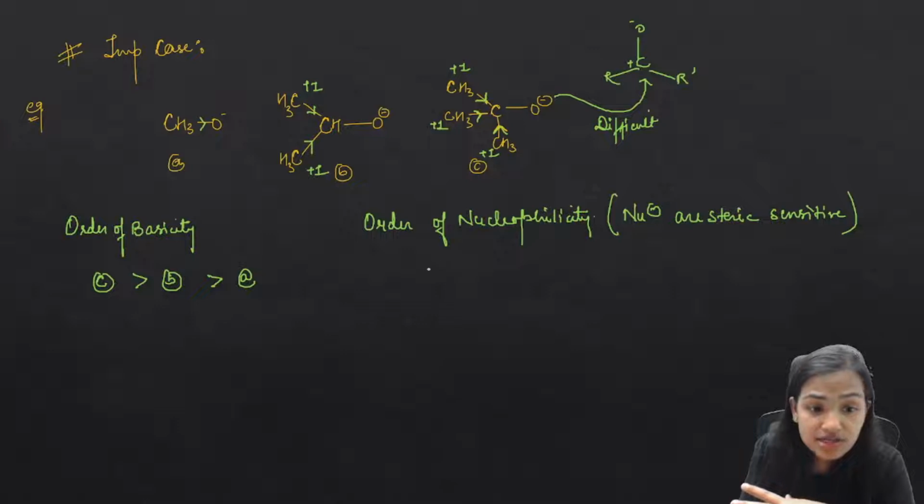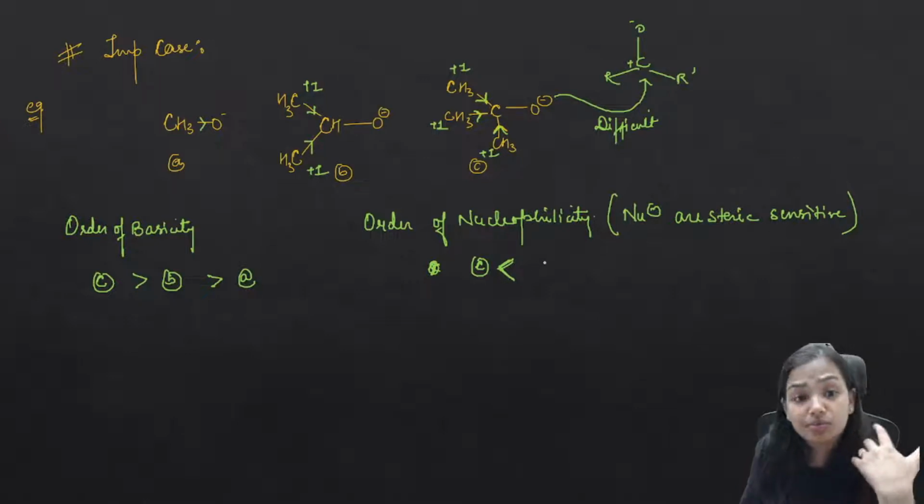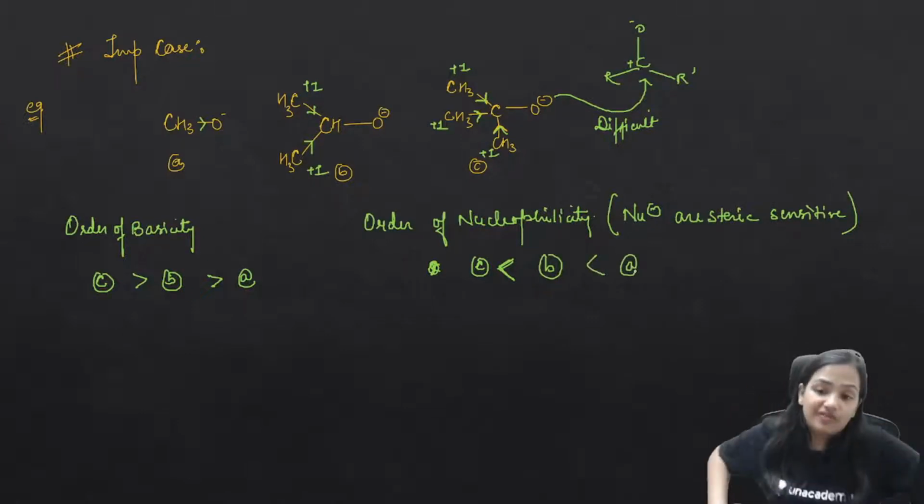C is going to become a poor nucleophile because of the steric problem. Here the order will go reverse. Then B will be better, and A is going to be the best nucleophile.